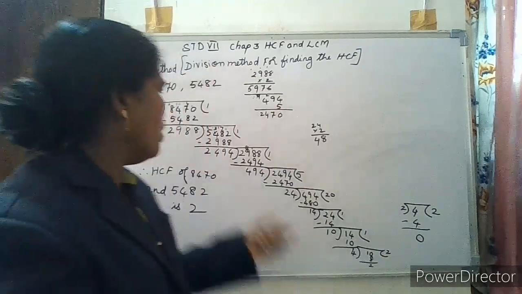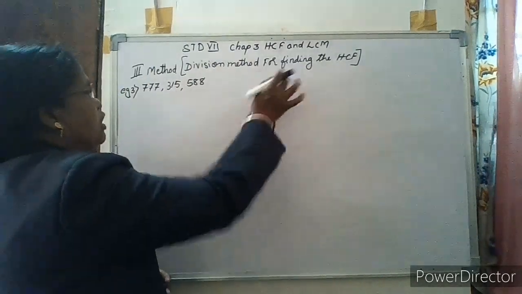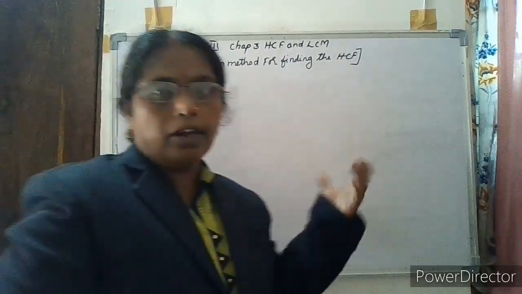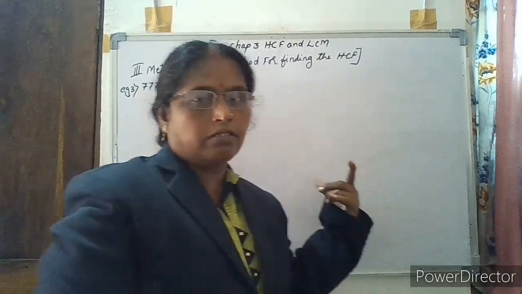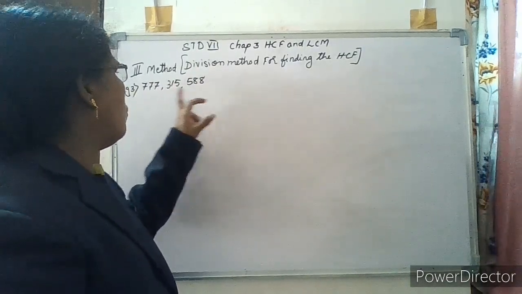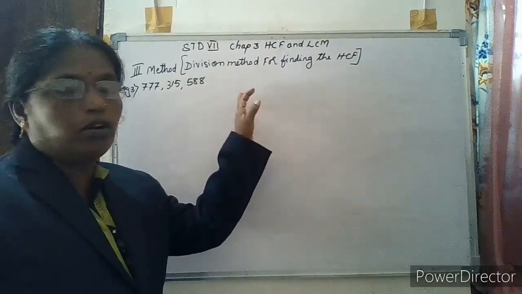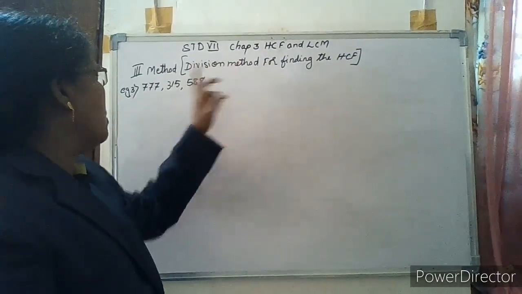So now in the third example, to find out HCF by division method. Until now, in the first example and second example, we have learned division method with 2 numbers. Now I have taken 3 numbers. How to find out HCF by division method for the 3 numbers?